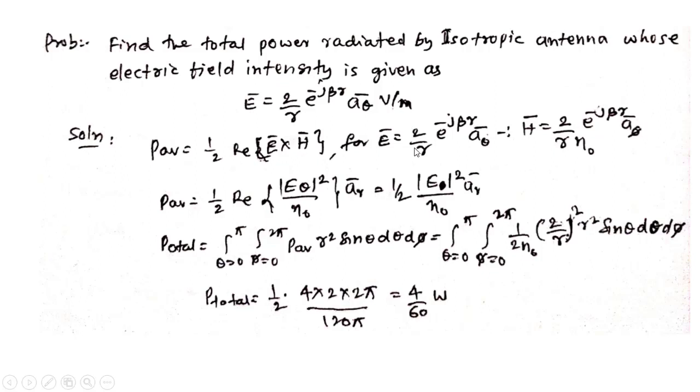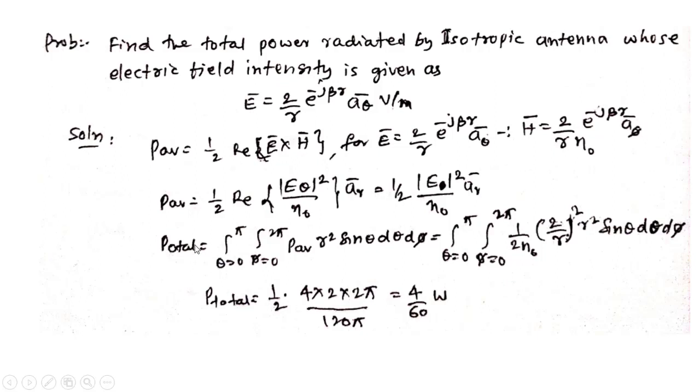For E bar equal to 2 by R e raised to minus j beta R a theta bar, S bar is given by 2 divided by eta naught into R e raised to minus j beta R into a phi bar. Therefore, P is equal to half into real of E theta whole square divided by eta naught into a R bar. This is equal to half into E theta square divided by eta naught into a R bar.